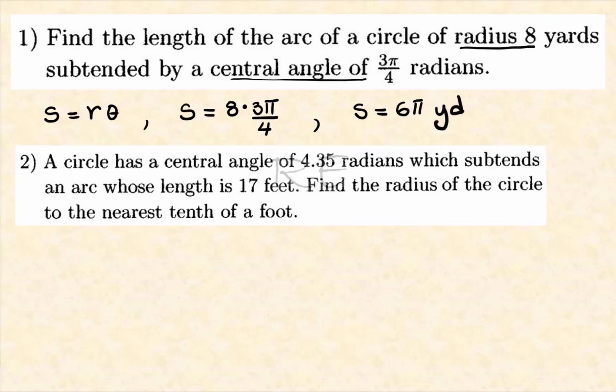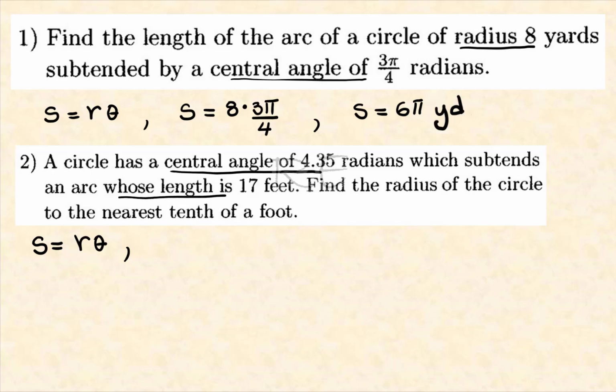For number 2, S is equal to R theta. The central angle is 4.35 and the arc length is 17, so we need to look for the radius.